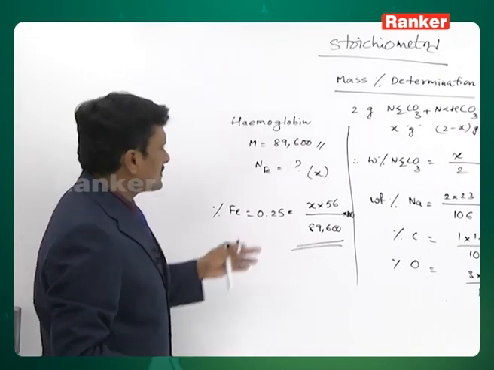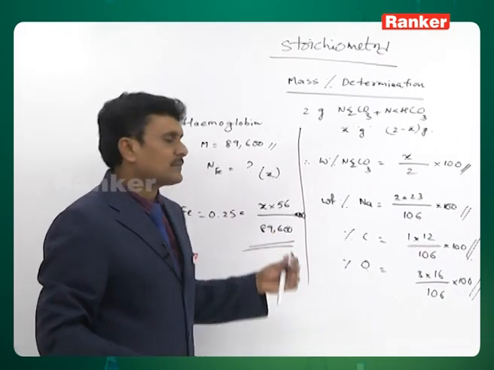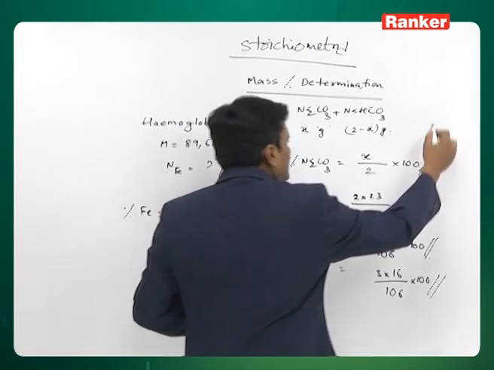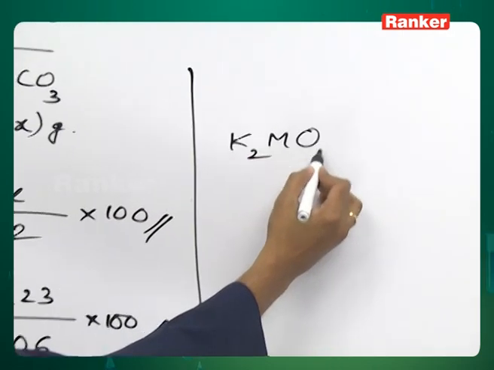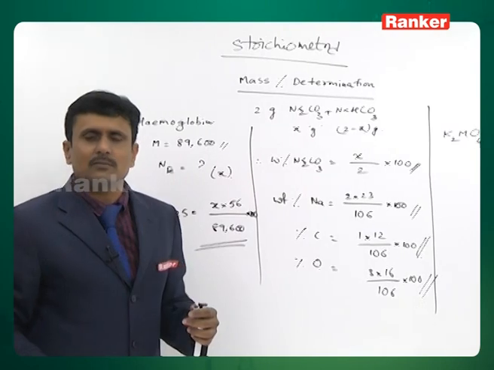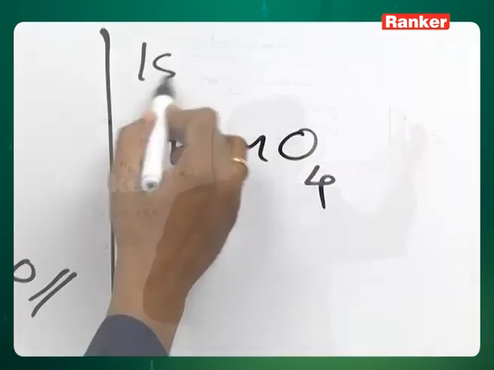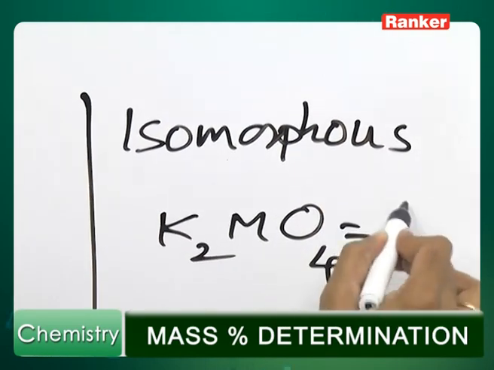Similarly, in the questions that are asked, the atomic mass of the element may be asked. For example, it has been said that there is a salt which is isomorphous with potassium sulfate. Isomorphous means same crystalline structure.